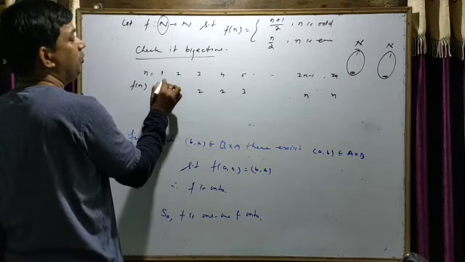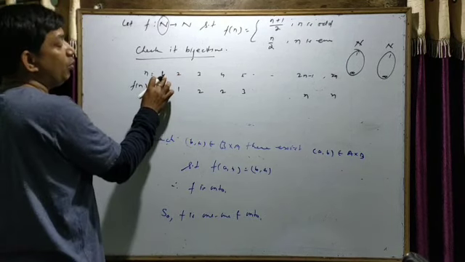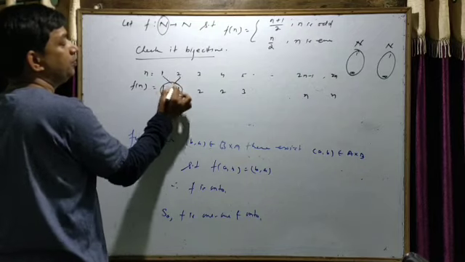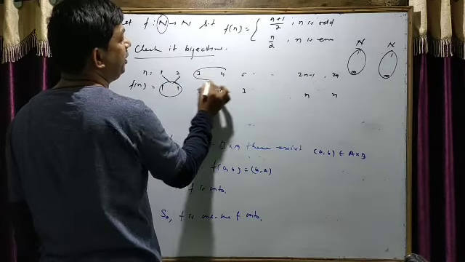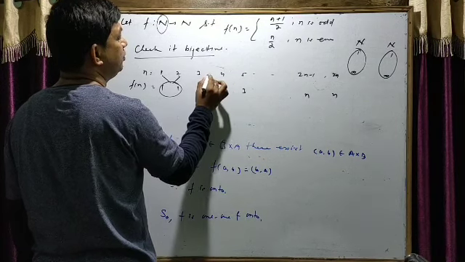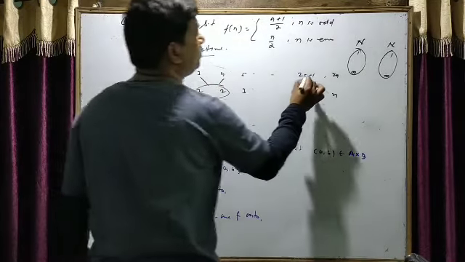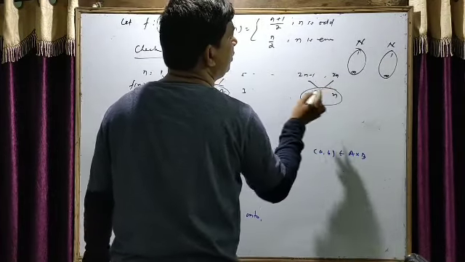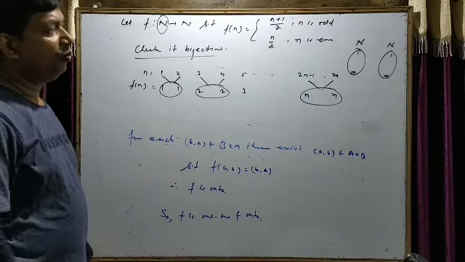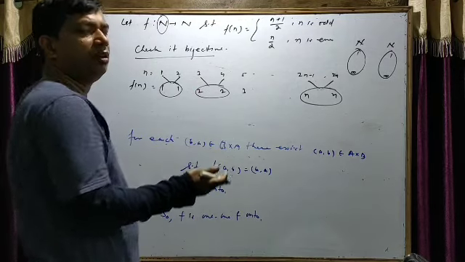Because when I take 1 and 2, two distinct elements have the same image. So by example, it is not one-one.